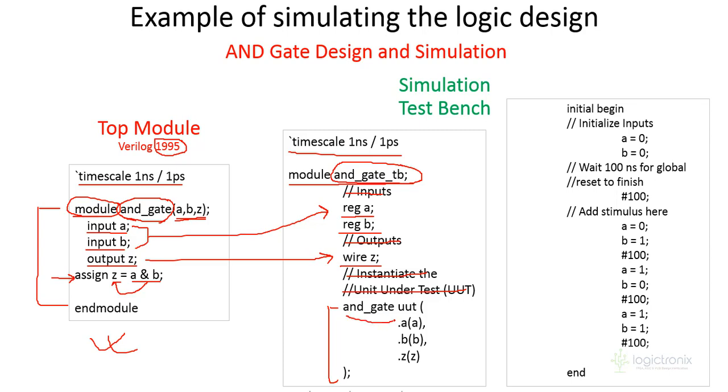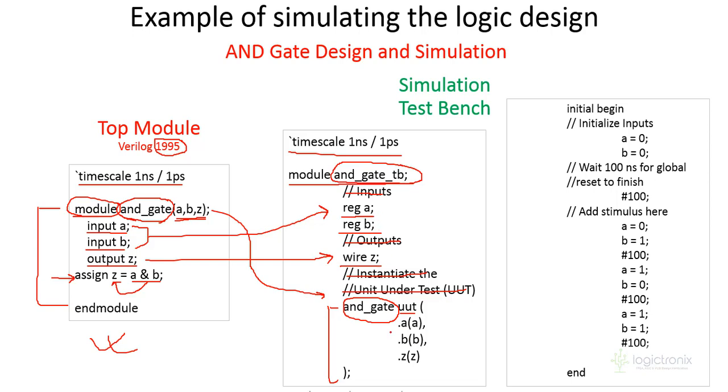AND gate is the top module name, so we call AND gate here, and the UUT format is standard. In the brackets, port A of AND gate is connected to register A, port B of AND gate is connected to register B, and port Z of AND gate is connected to wire Z. So here we have A, B, and Z.